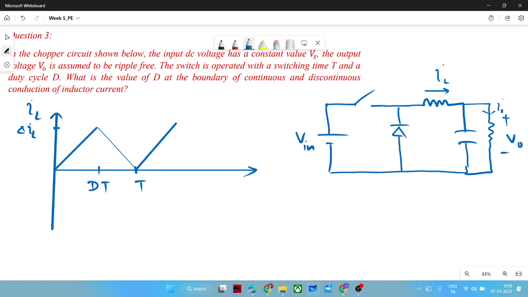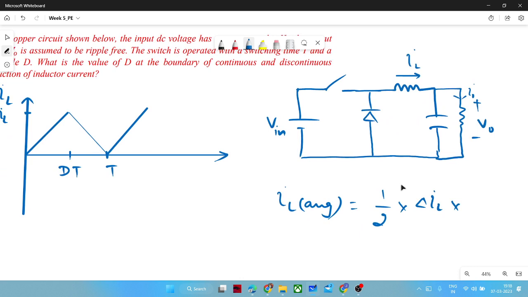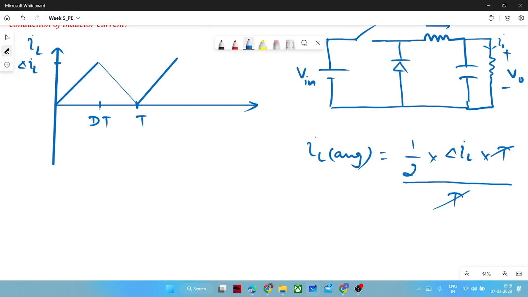So we can write IL average will be half into del IL into T by T. So this T will be cancelled. So for IL average you will end up with del IL by 2.